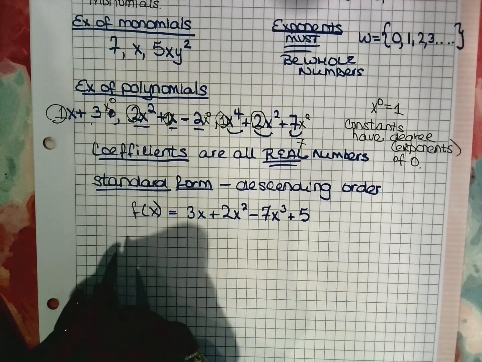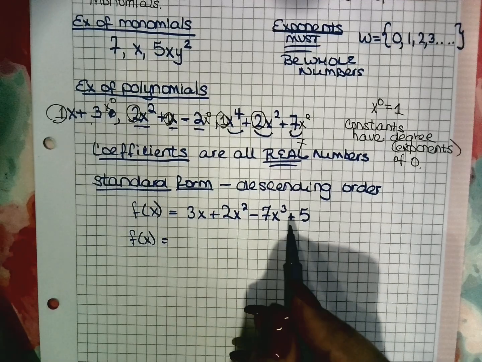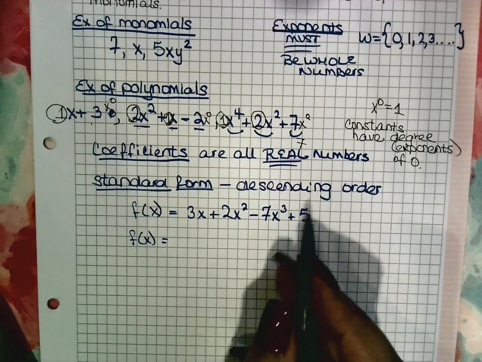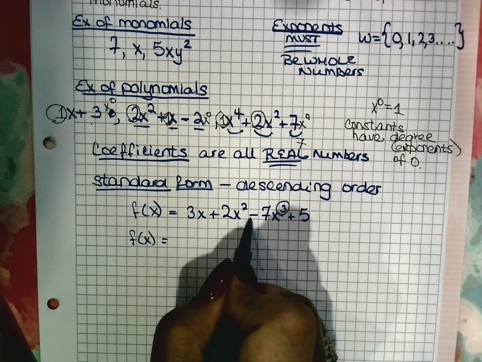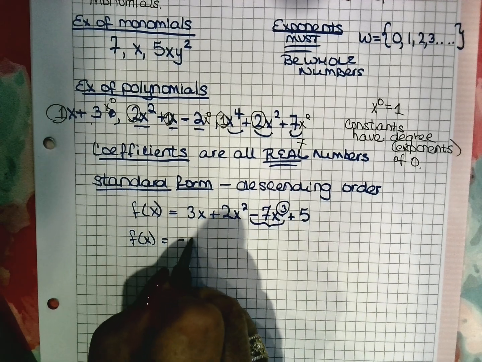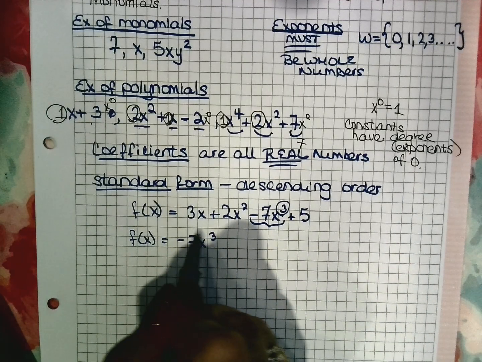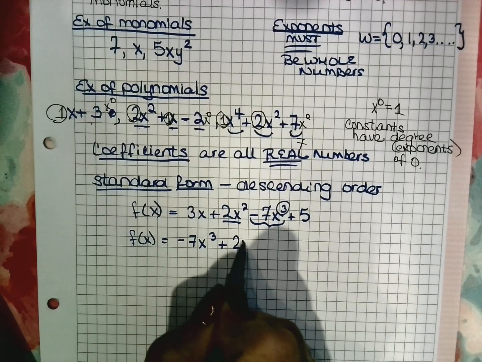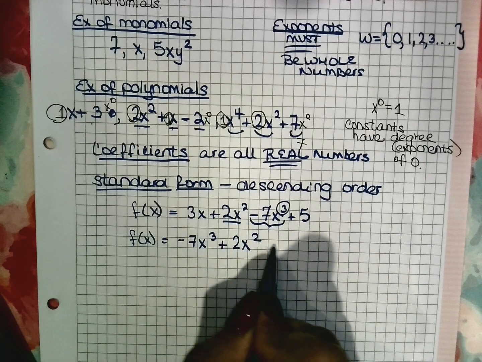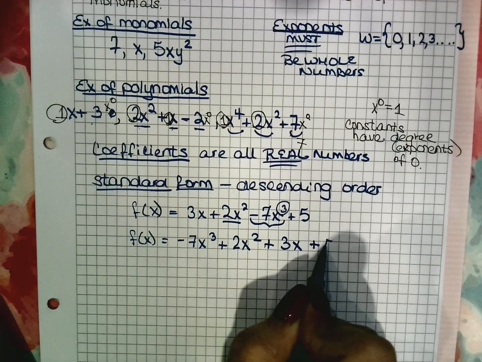For it to be in standard form, you need to put the first term that has the biggest exponent, the biggest degree. Well, it happens to be this guy. So this term has to go in the front, negative 7x to the third. And then we descend from there. So 1 less than 3 would be this. 1 less than 2 would be 1, and so on.